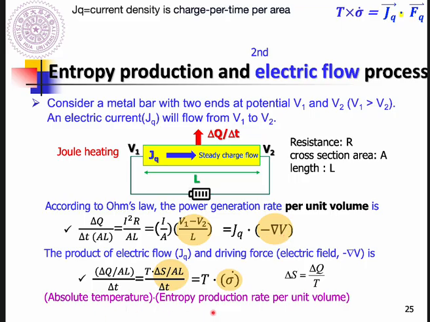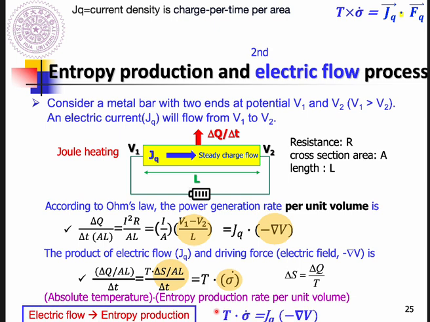So based on this, we confirm that this equation also can be used to quantitatively describe the steady electrical flow process. And based on these results, we can get the sigma dot to quantitatively describe this kinetics process.